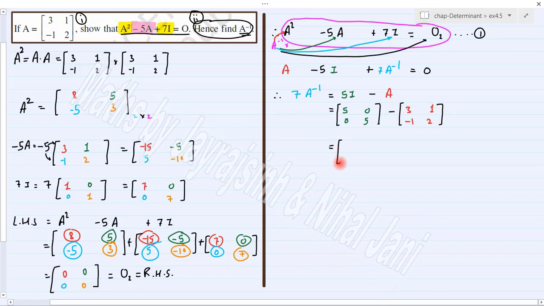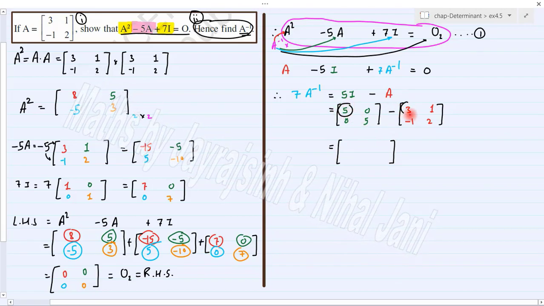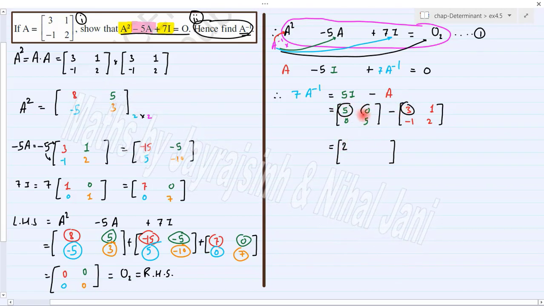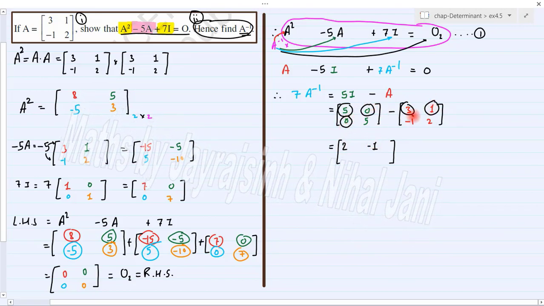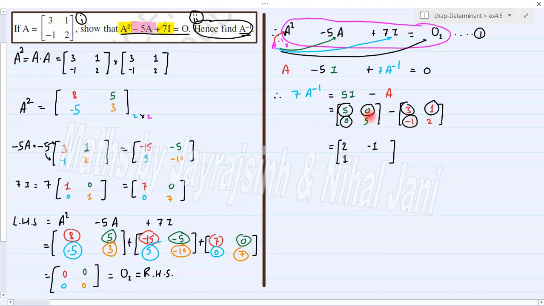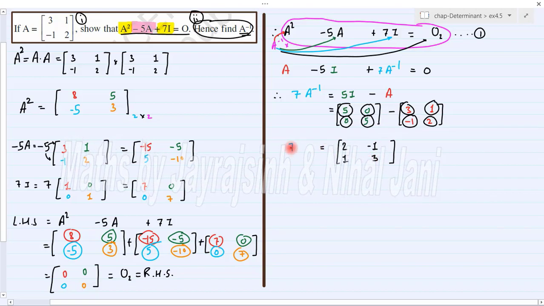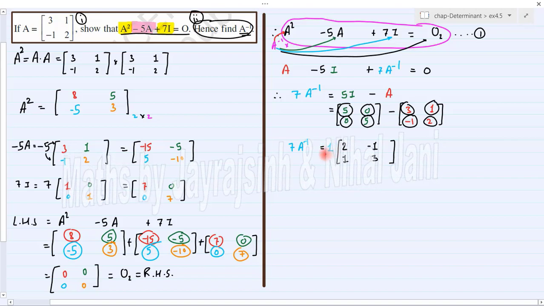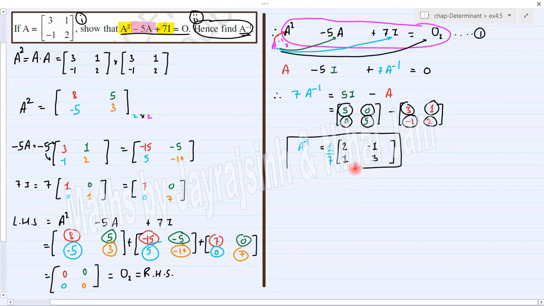Now for further simplification, let's take a difference between corresponding terms. 5 minus 3 will give us 2, 0 minus 1 will be minus 1, 0 minus minus 1 will be 1, and 5 minus 2 will be 3. So we get our 7A inverse, but we need A inverse. So we have to move this 7 to the right side, so it will go in the denominator. So tada! We get our A inverse.